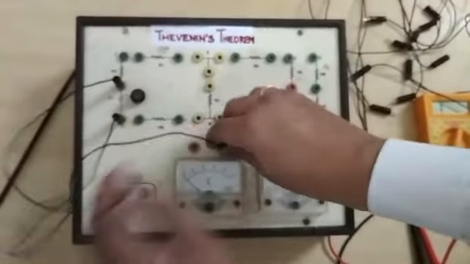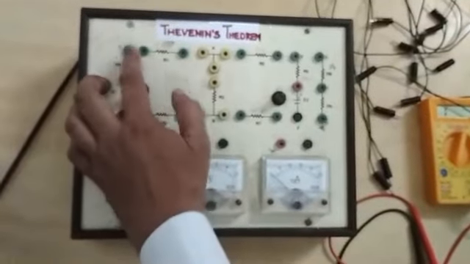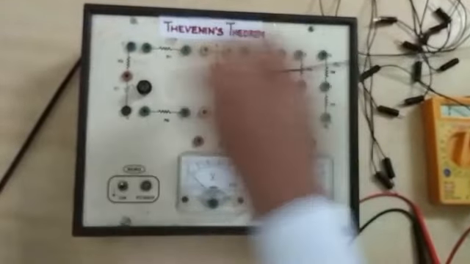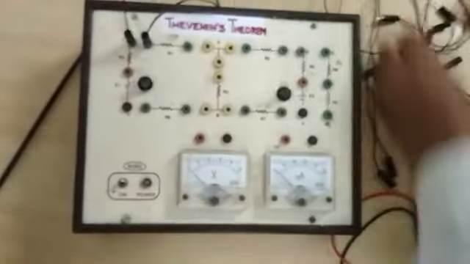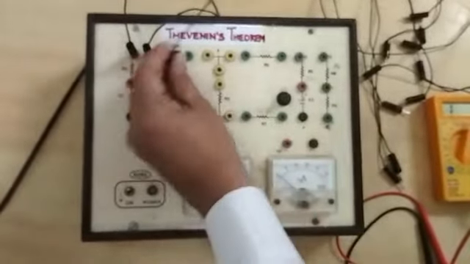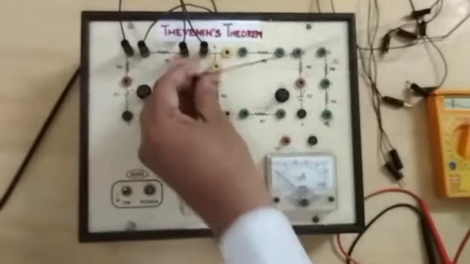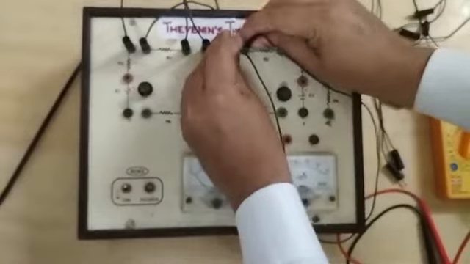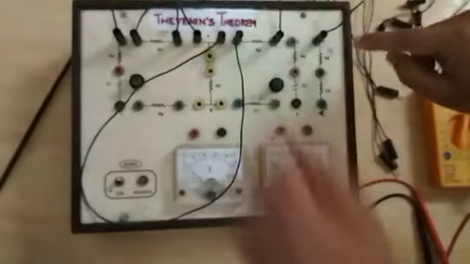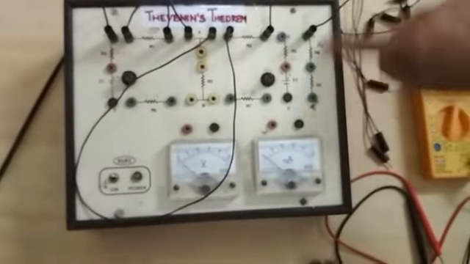After this, reconnect all these open paths to complete the circuit. So I am doing this one by one. I am connecting all the open circuited connections here. It's very simple. Right now I am taking this portion as a load.